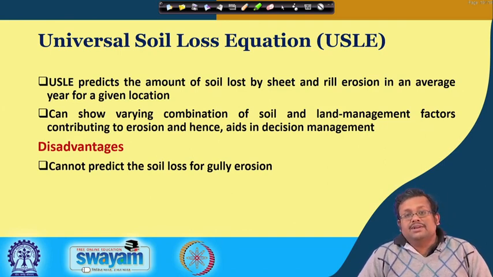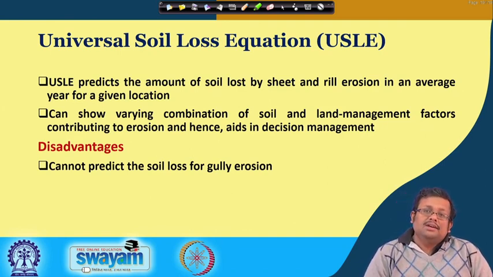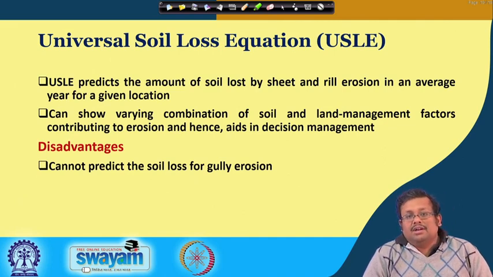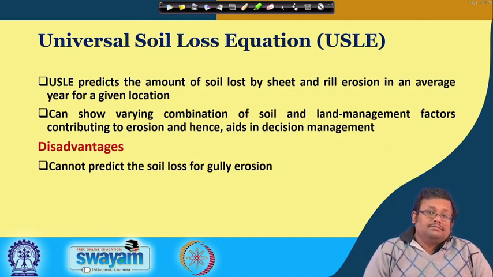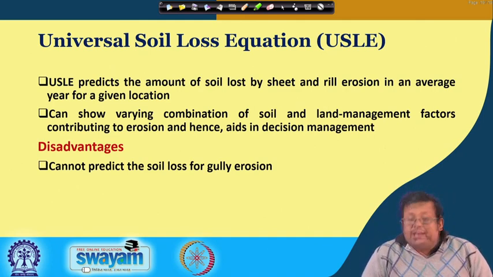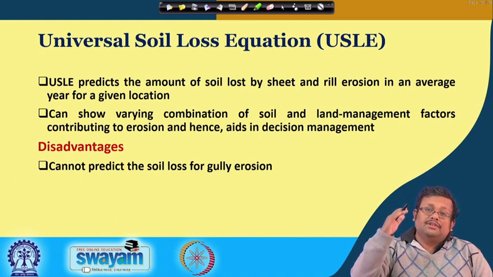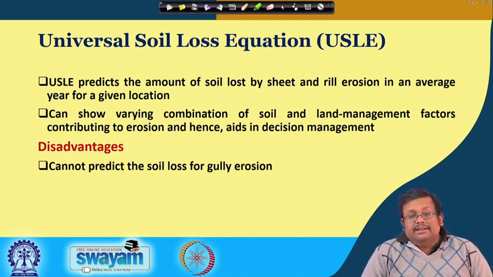Remember, sheet erosion is where a sheet of soil is lost as a result of water activity, and it occurs at the higher slope and higher position of a sloping land. Rill erosion is the creation of small channels through which water moves the soil sediments.